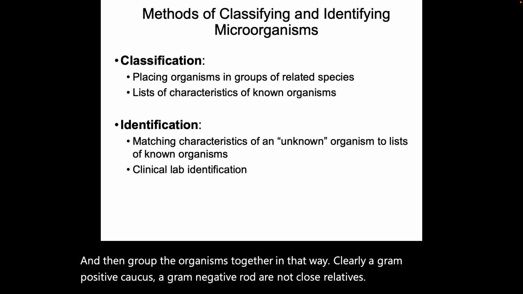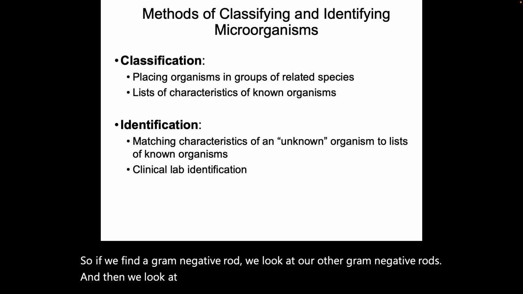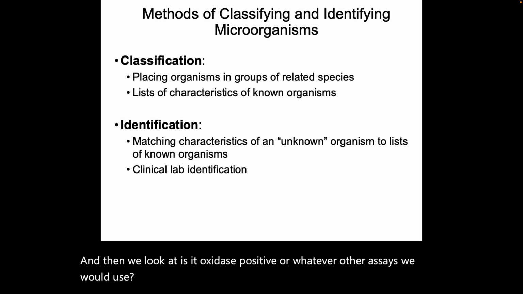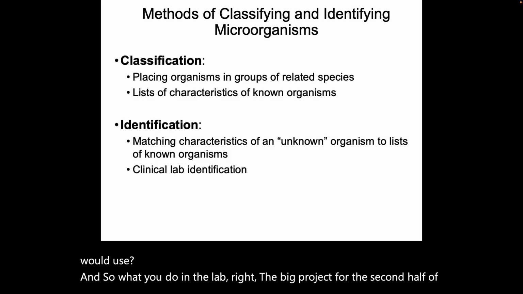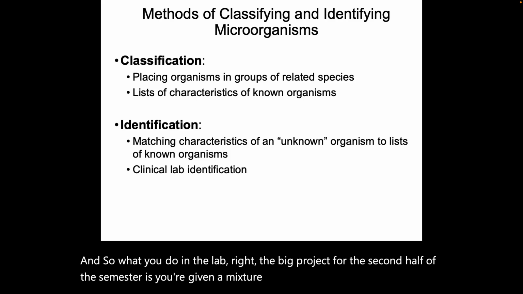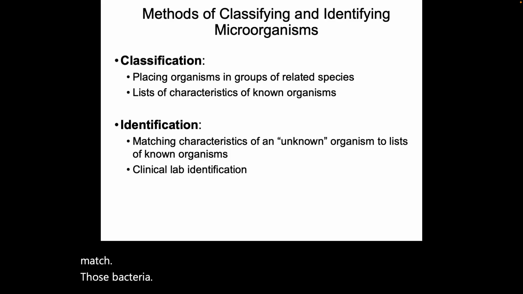So if we find a gram-negative rod, we look at our other gram-negative rods. And then we look at, is it oxidase positive or whatever other assays we would use. And so what you do in the lab, right, the big project for the second half of the semester is you're given a mixture of 5 bacteria, and you have to match those bacteria to the list of possible bacteria. So you have to identify an unknown organism based on its properties.